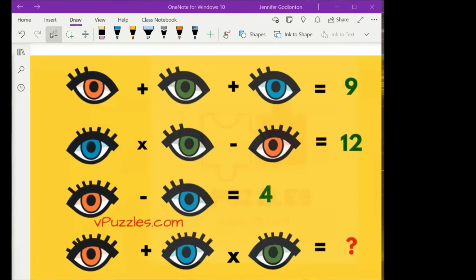Not 18. Oh. This is a nice one. 9, no. 8, no. Oh, hold on. I think I just saw the answer and then it disappeared.